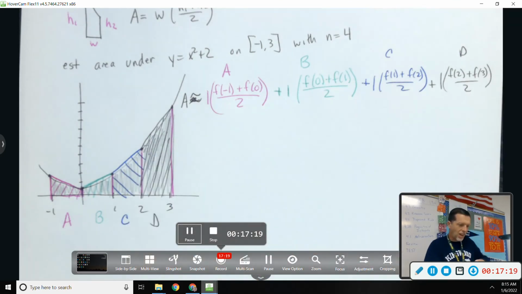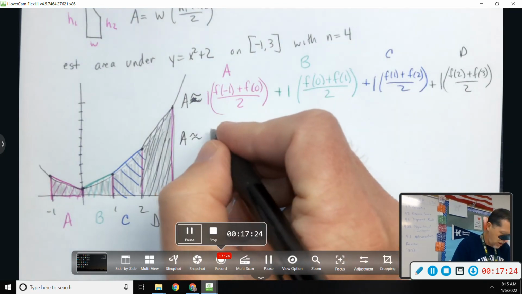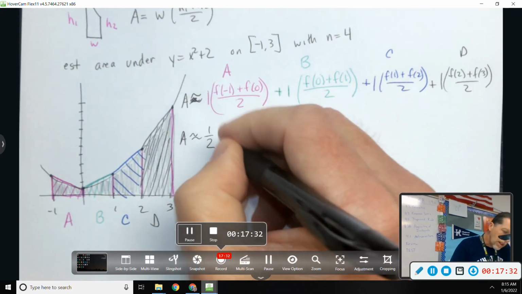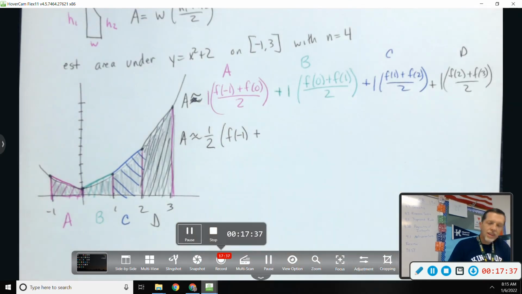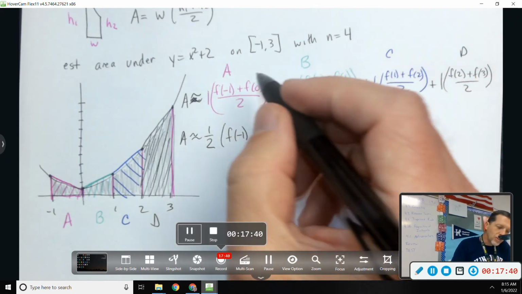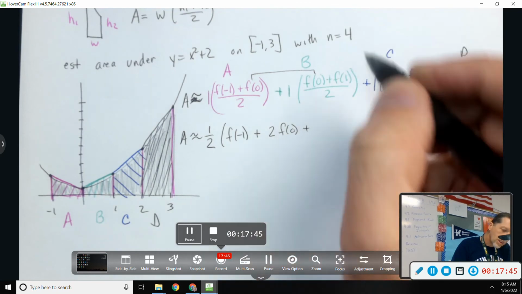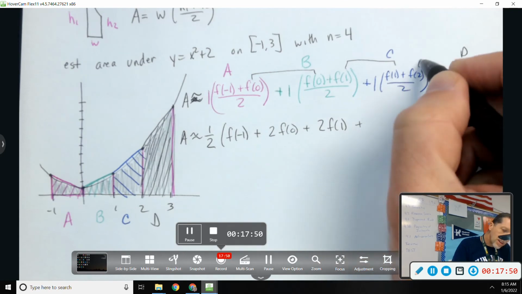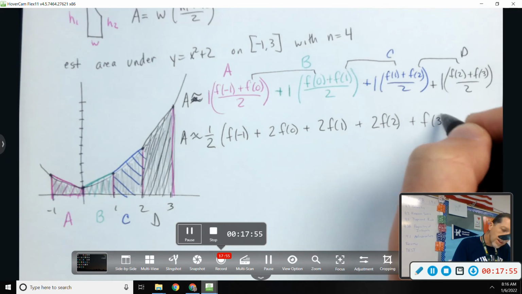Just stay here and fill in what we know. You can factor out the 2 if you wanted to, because that would clean up a little bit. So I am going to factor out the 1/2. And that leaves f of -1 plus, here's where we get a little bit confusing, 2 f of 0s, and 2 f of 1s, and 2 f of 2s, and 1 f of 3.